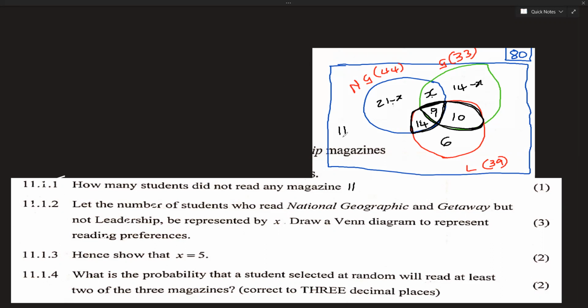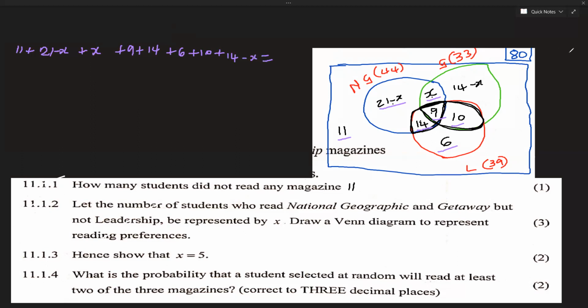We're going to do this. When I add this, so 11, and that plus 21 minus x. So I'm adding everything basically, plus that x plus 9 plus 14 plus 6 plus 10 plus that one plus 14 minus x.